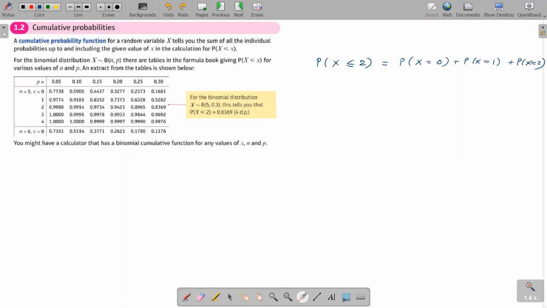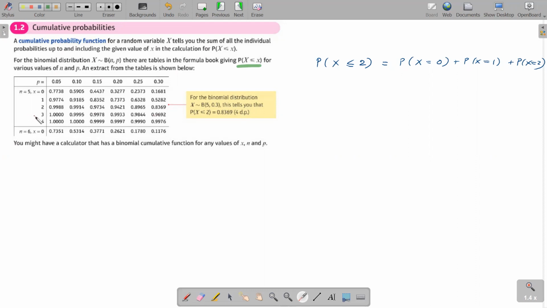What probability are they giving you in this table? They always give you the less than or equal probabilities only. The values given in the tables are only for less than or equal probability. For various values of n and p, an extract from the table is shown below.